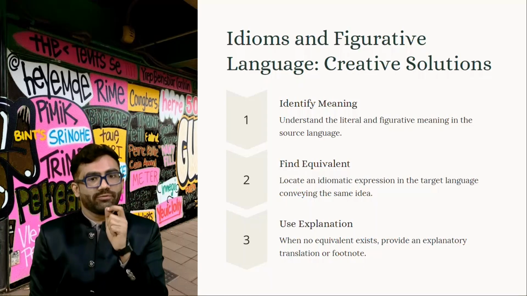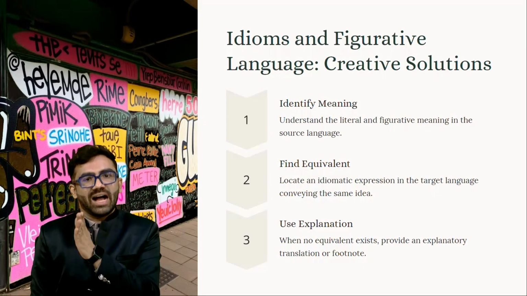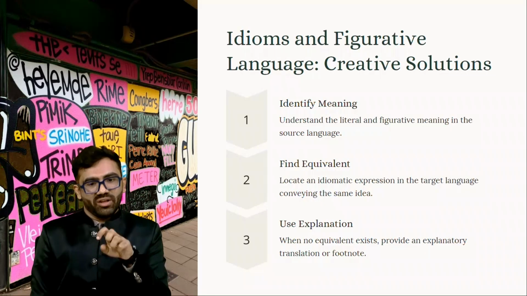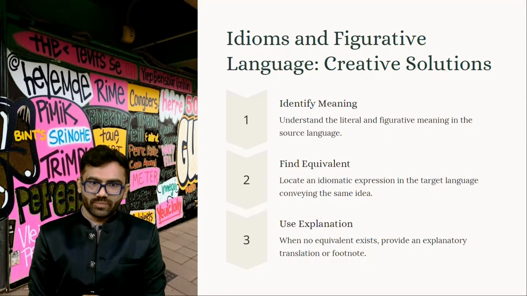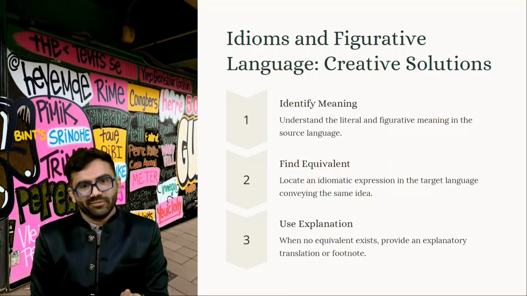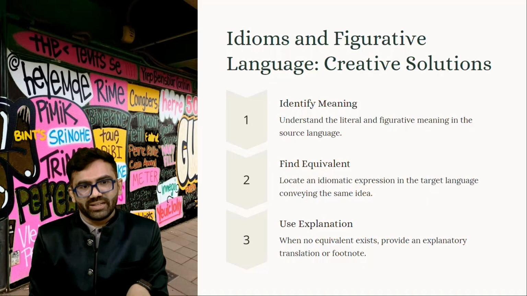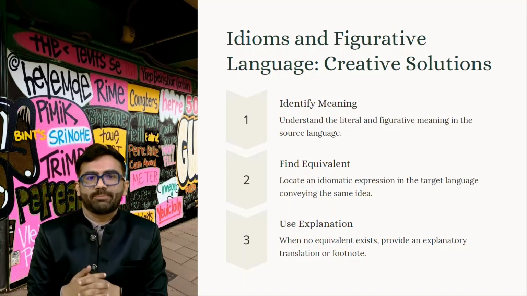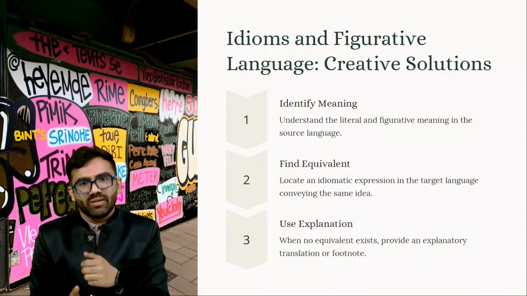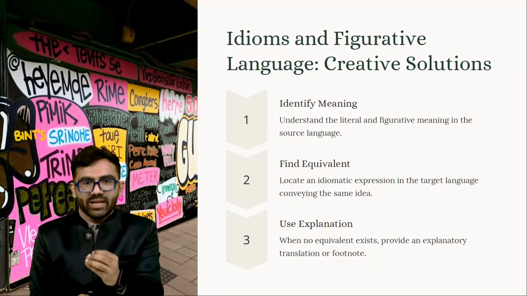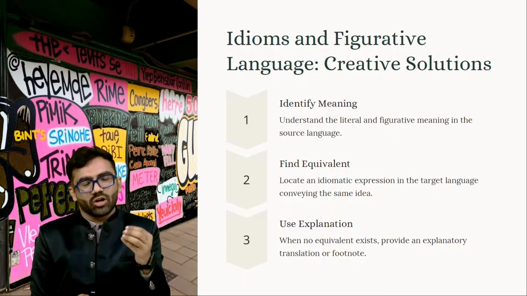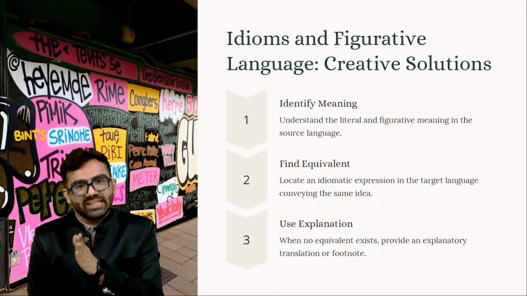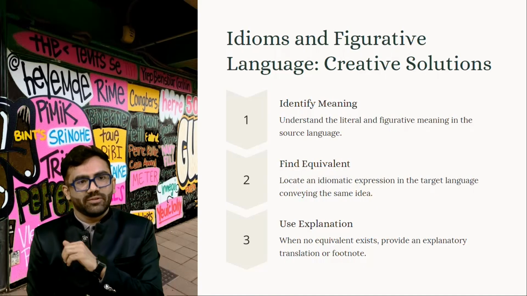We'll have to locate an idiomatic expression in the target language conveying the same idea. We'll discuss that in detail when we take a case study of Hindi and English. And if you do not find equivalence, you might have to use explanation. When no similar idioms exist in the other language, you will have to provide an explanatory translation or footnotes at the end.